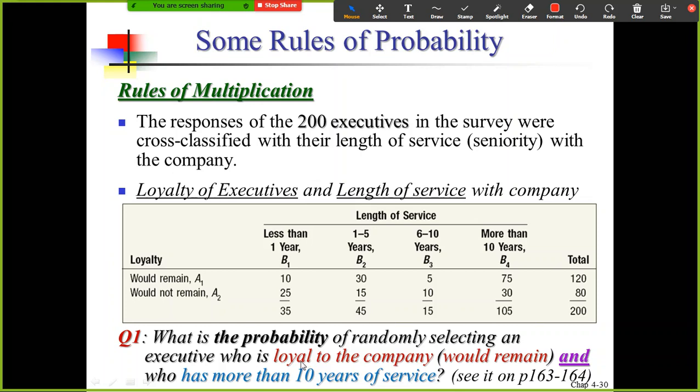So what is the probability that randomly selecting one executive who is loyal, who would remain in the company, and works more than 10 years?